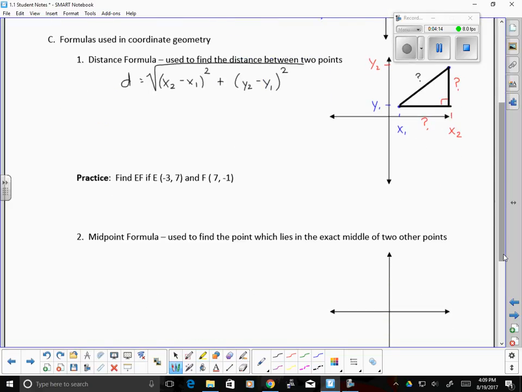Let's go ahead and I'm going to do an example so that you can do one with your own numbers. Let's imagine over here at the right, for any two given points, we'll just make a couple up.